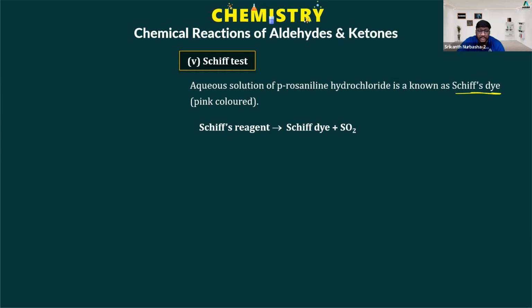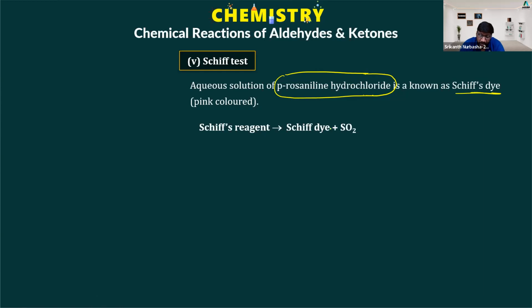Whenever SO2 is passed through Schiff's dye, the aqueous solution of para-rosaniline hydrochloride, which is pink in color, it will form a different type of complex which is going to be colorless.